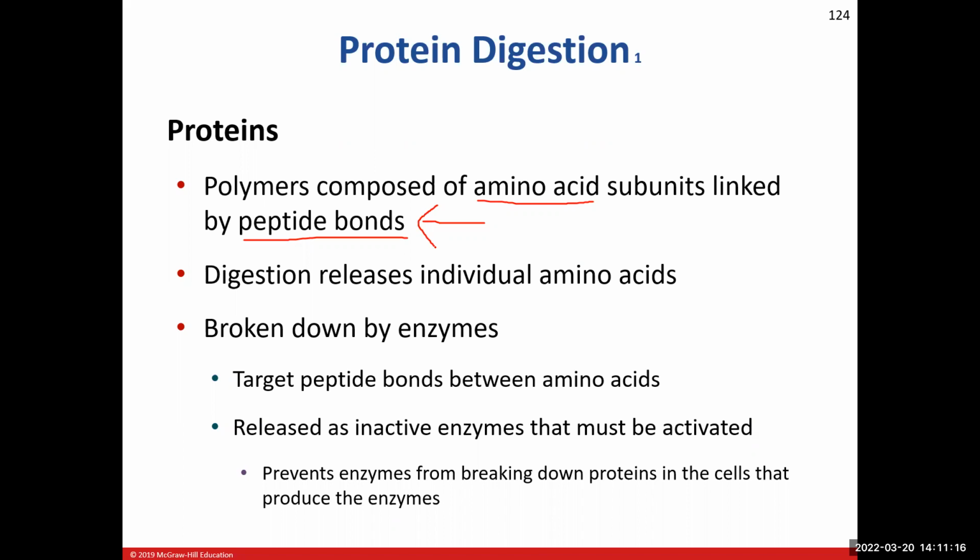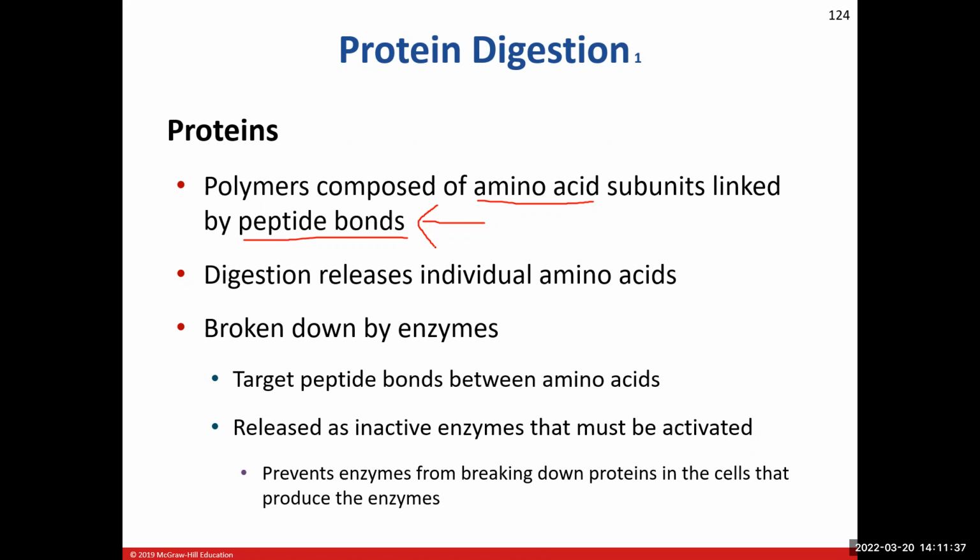Here's the problem though. Remember, proteins are found everywhere. We mentioned this when we were talking about the chemical digestive process in the stomach. The cells that make the enzymes for protein digestion have to produce those enzymes in the inactivated state.